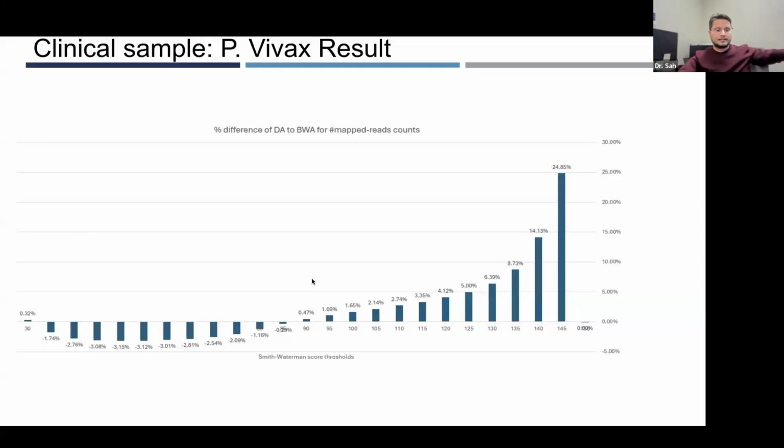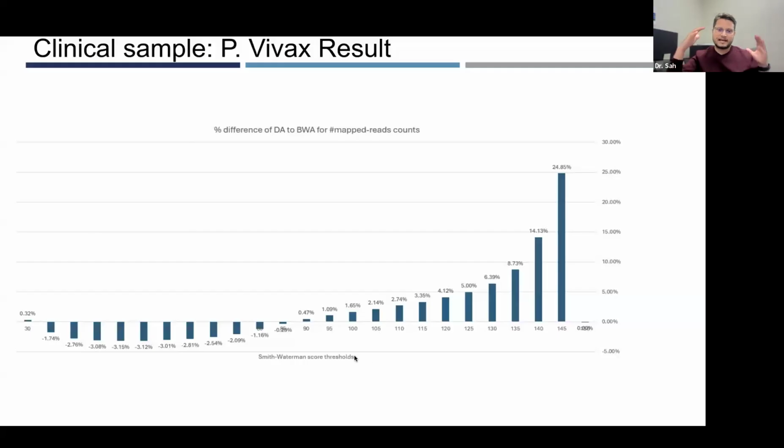And this is the result on the clinical sample of Plasmodium vivax, which is also known as the malarial parasite. In that case, how do we decide whether one DNA segment is matched or not? There is a matching score, which is called the Smith-Waterman score, okay?